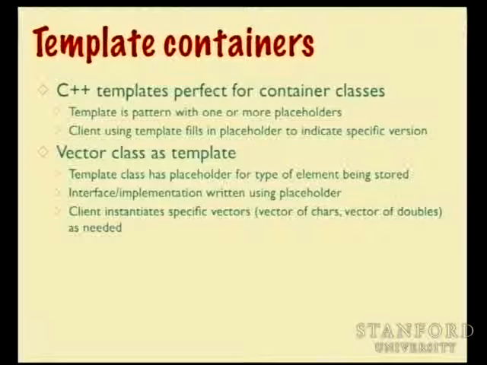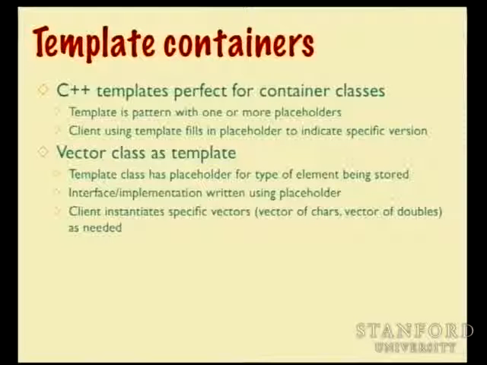And so the way the vector class is actually supplied is using a feature in the C++ language called templates, where the vector describes what it's storing using a placeholder. It says, this is a vector of something, and when you put these things in, they all have to be the same type of thing. And when you get one out, you'll get the thing you put in. But I will not commit in the interface to saying it's always an integer, it's always a double. It's left open, and then the client has to describe what they want when they're ready to use it.